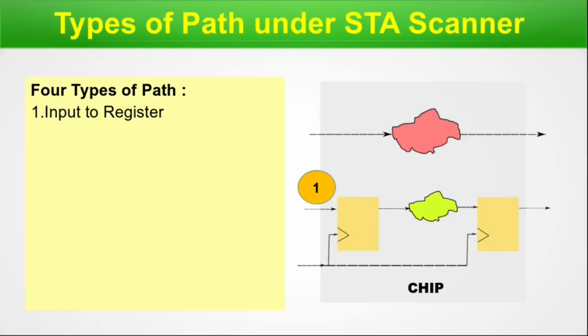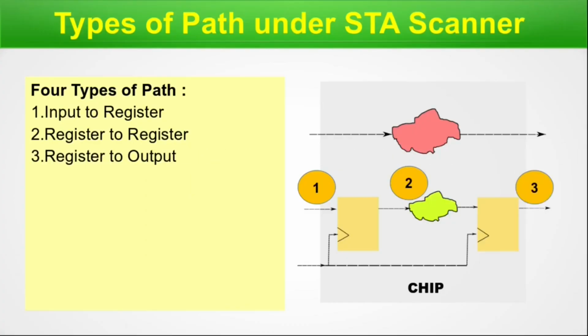First, input to register. You can see the label in the right hand side graphics of the chip. Next is register to register path. Also the label comes up on the right hand side. Next comes the register to output path. The label is also shown there. And the 4th one is input to output. These are the 4 types of paths.